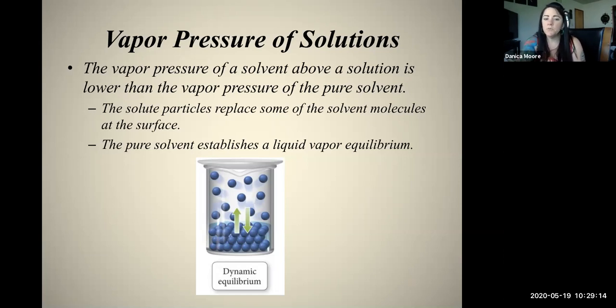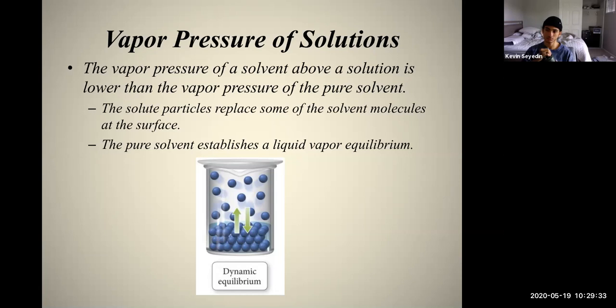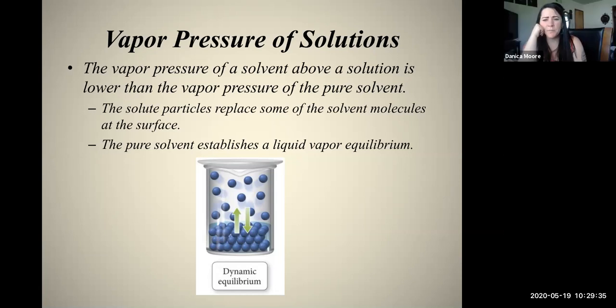Specifically, if we were looking at ions in solution, do you think that would increase the vapor pressure or decrease the vapor pressure? When we talk about vapor pressure, sorry, Kevin, I'll let you finish in just a second. When we talk about vapor pressure, we're always thinking about the intermolecular forces.